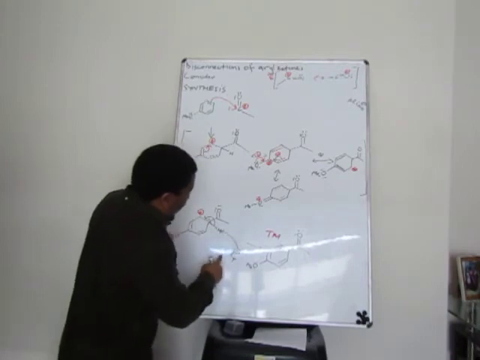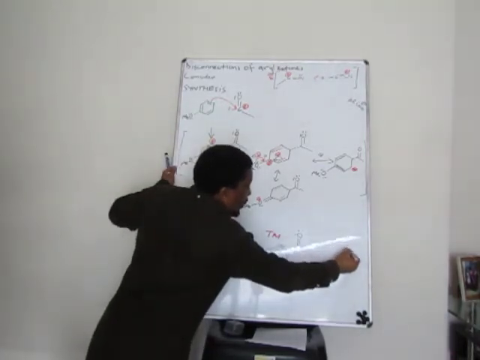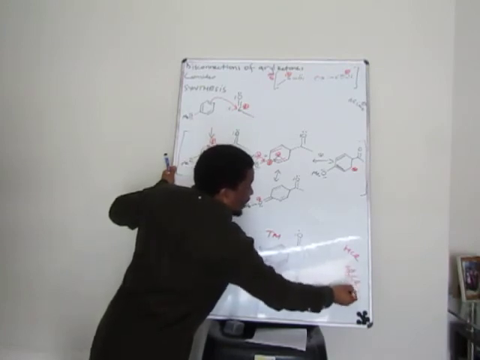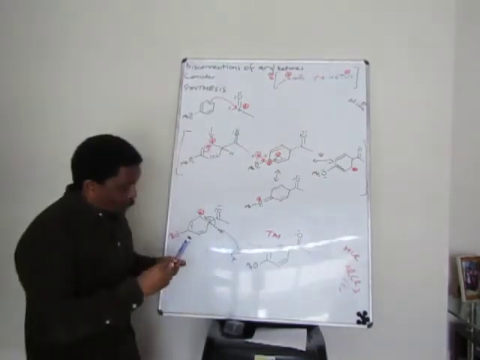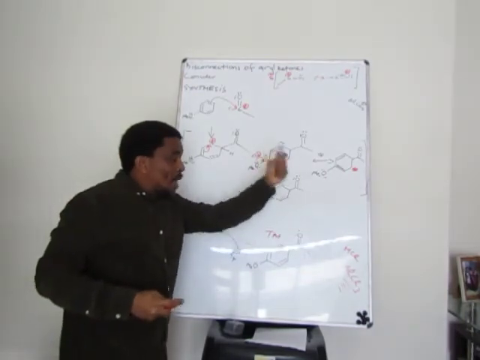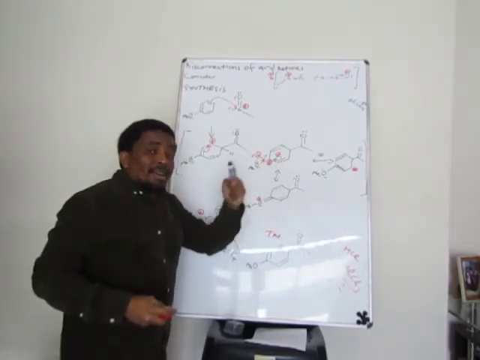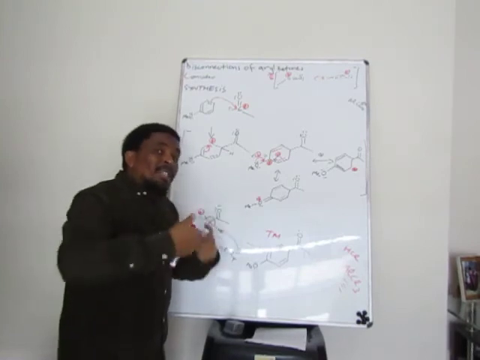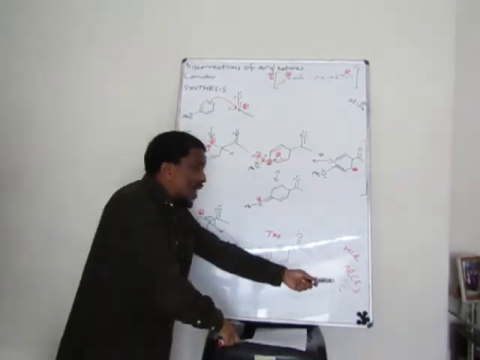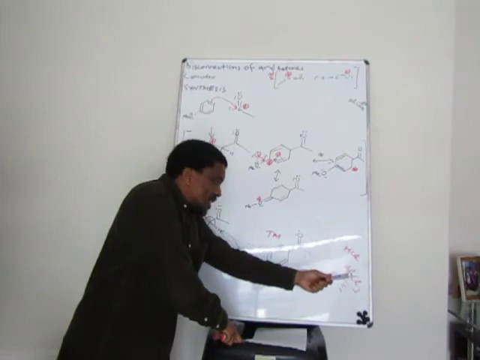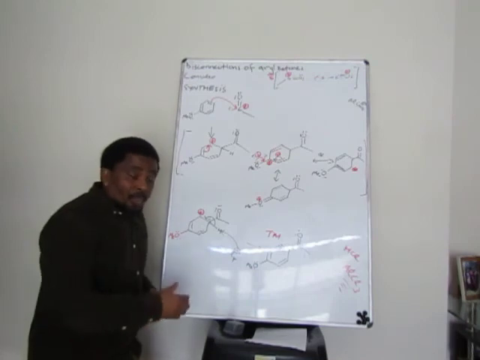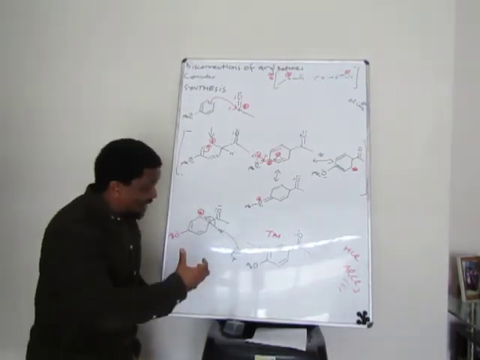So your AlCl4 minus and H will give you HCl as a byproduct and give you AlCl3. This shows that whenever you start with a catalyst, a Lewis acid catalyst, remember a catalyst speeds up the reaction without itself taking part in the reaction. Therefore, you started with an acid, you must end up with an acid. That's what we mean by a Friedel-Crafts acylation.